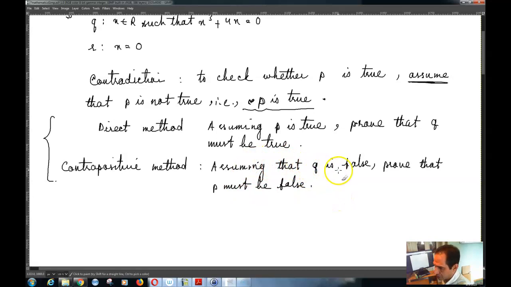I can assume that Q is false, and then the result I will get is that P is actually true, which contradicts my assumption that not P is true. Then that means that P is true.